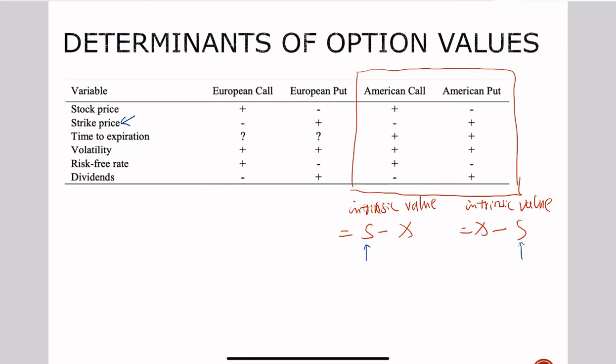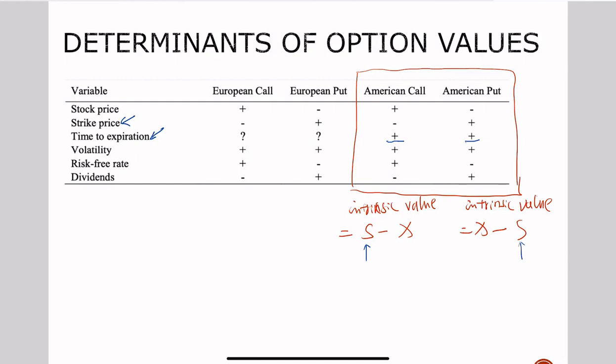Time to expiration. You can see that for both call and put, if you have longer time to expiration, both call and put will be more valuable. What's the argument behind this? Well, put simply, it's because if you have longer time to expiration, then time value will be higher. So call and put will be more valuable, right? Now, why is time value higher if you have longer time to expiration?